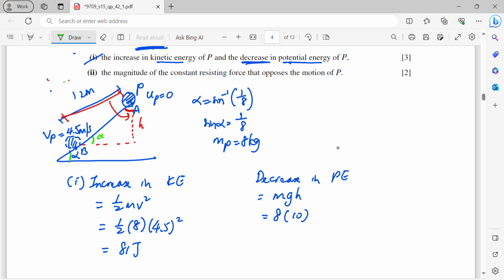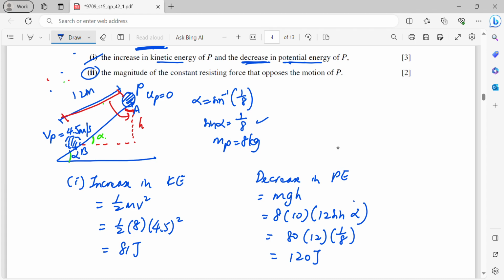When I'm using alpha to resolve vertically, that means it will be sine. So my h is basically 12 sine alpha. So 8 times 10, 80, times 12 sine alpha, from the question, it is 1/8. Therefore, you'll be getting 120 joule. So that is the first part.